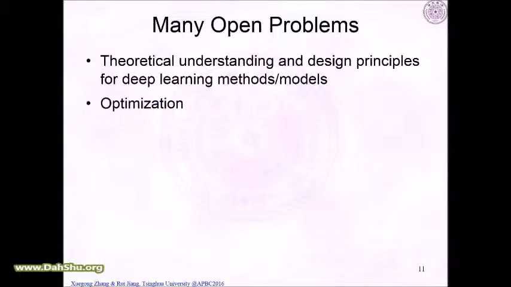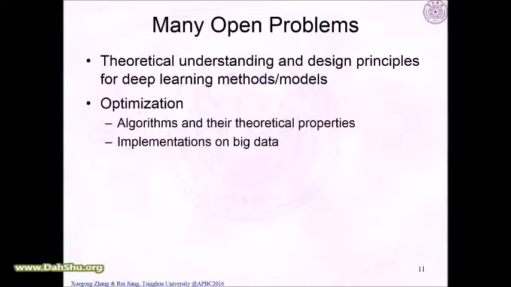I didn't cover any of the optimization topics, and the algorithms and theoretical properties need a lot of study. Many people are studying that. Implementation on big data is still a big challenge, even though we have those high performance computing platforms. And local minima and overfitting are still a big issue, even with big data.